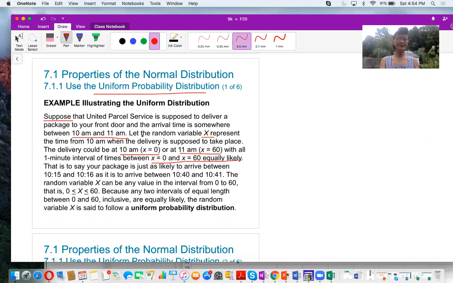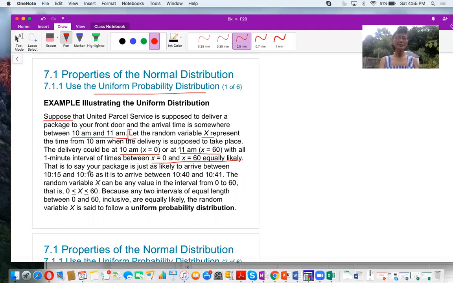Let's repeat this sentence. Let the random variable x represent the time from 10 a.m. when the delivery is supposed to take place, with all 1 minute intervals of times between x equal to 0 and x equal to 60 equally likely.